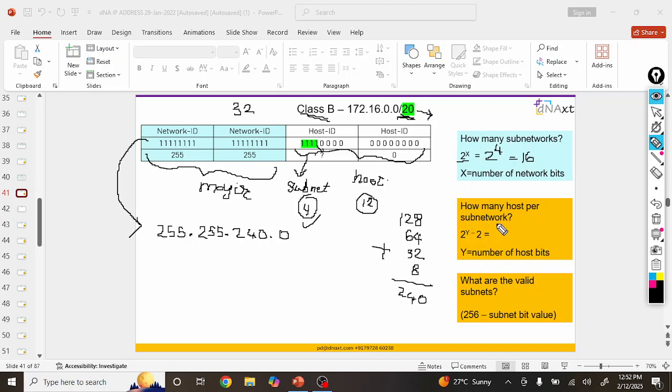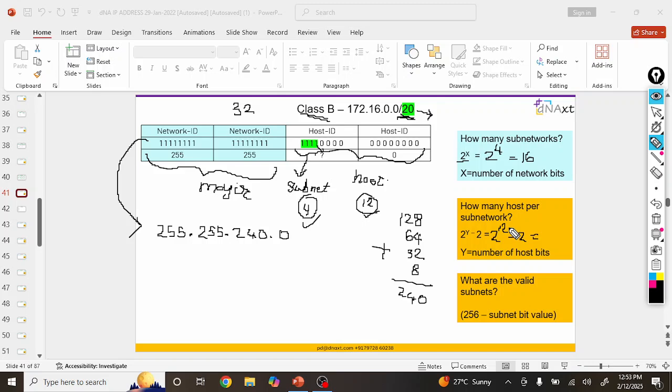How many hosts per subnetwork? That is 2 to the power y, where y is the number of host bits. How many host bits are here? 12. So 2 to the power 12, and we always subtract 2 from it, because in each subnet one will be the network ID and another will be the broadcast ID.